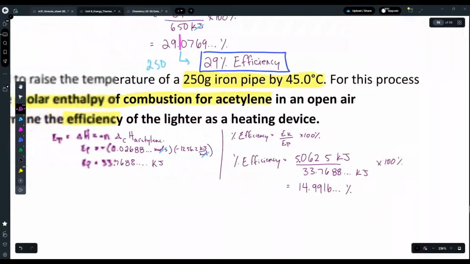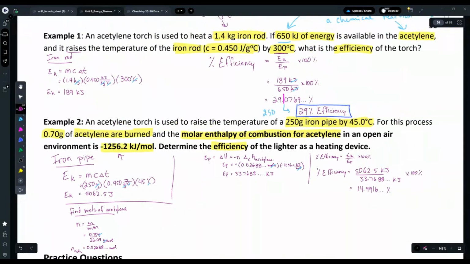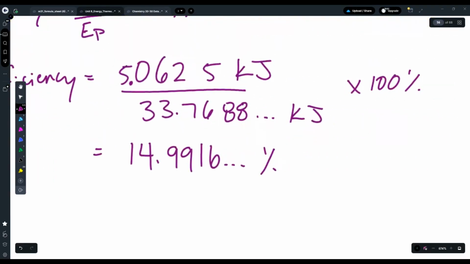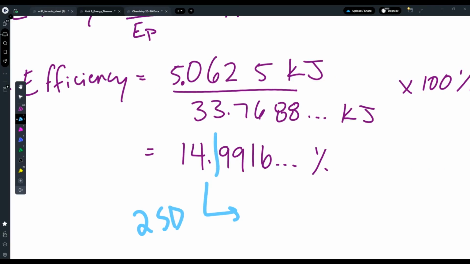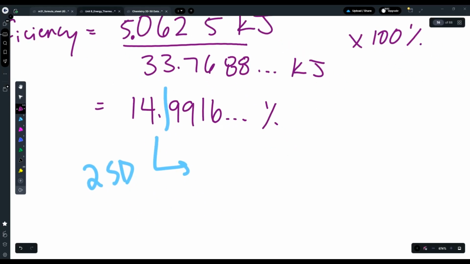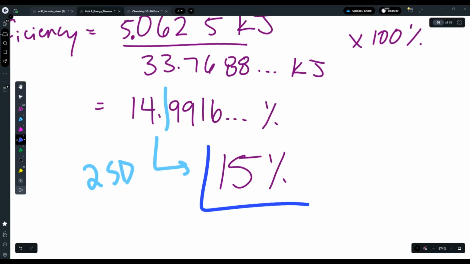All right, now looking at our given numbers here, it looks like the number with the least amount of sig digs is a 0.70, so that has 2 sig digs in it. So my final answer needs to have 2 sig digs in it. Okay, so the cutoff line is right here, so that's going to be 15%.